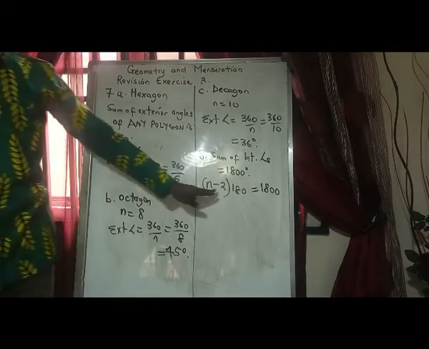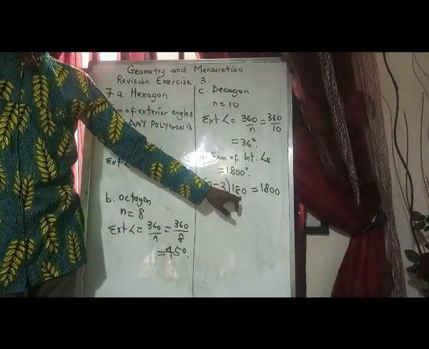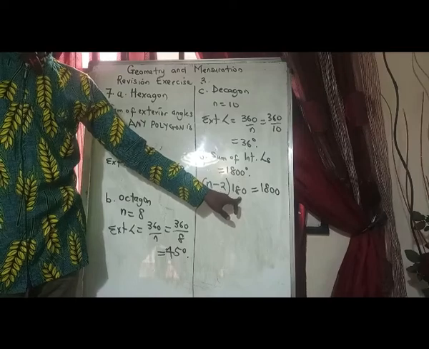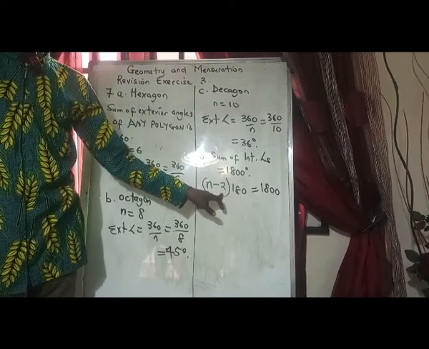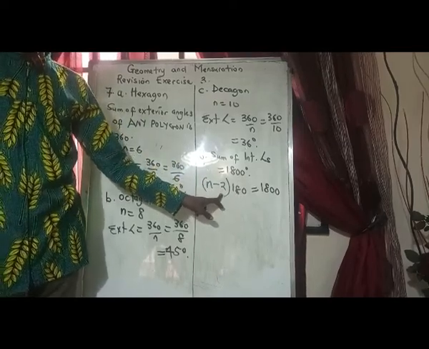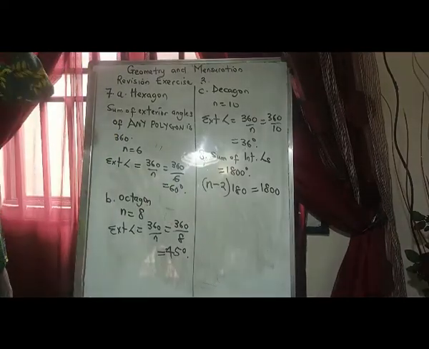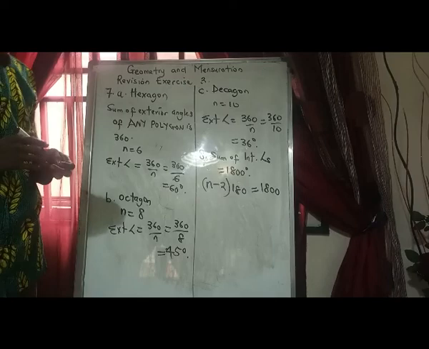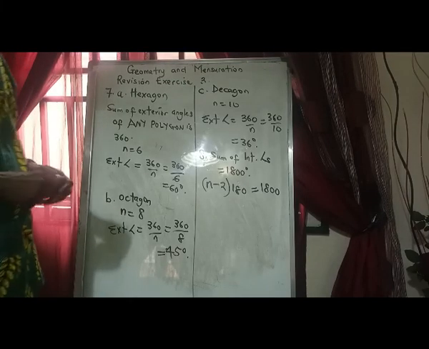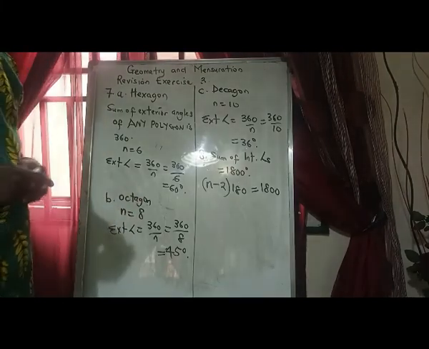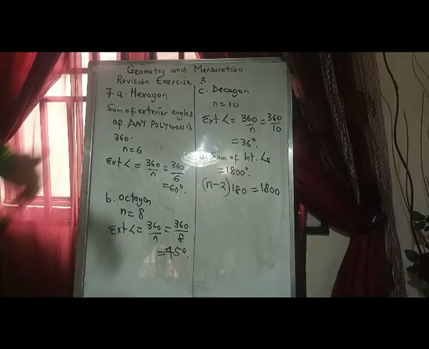Now, this 180 suggests the sum of the angles of a triangle. N minus 2 suggests how many triangles this polygon is expected to have. So for an octagon, which is 8 sides, we would expect the number of triangles present to be what? 8 minus 2, which will give you what? 6.